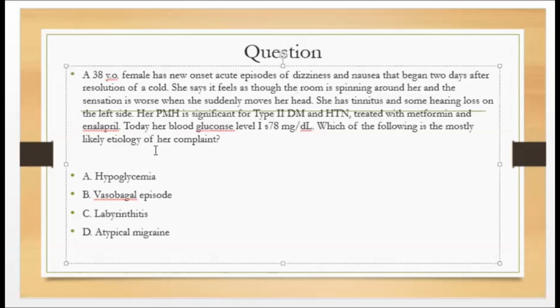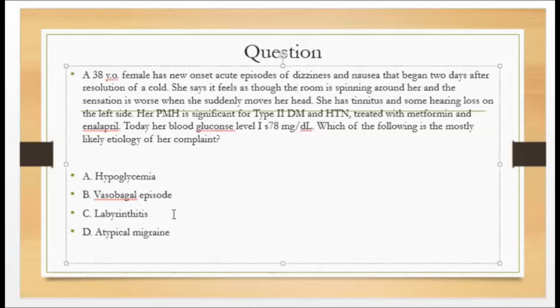If you know this answer, you don't even have to waste your time. These answers are straightforward because this cannot be hypoglycemia, and this cannot be migraine, and that leaves only two you can work with. But definitely you need to know labyrinthitis. Labyrinthitis is an inflammatory disorder of the inner ear, the labyrinth, okay?